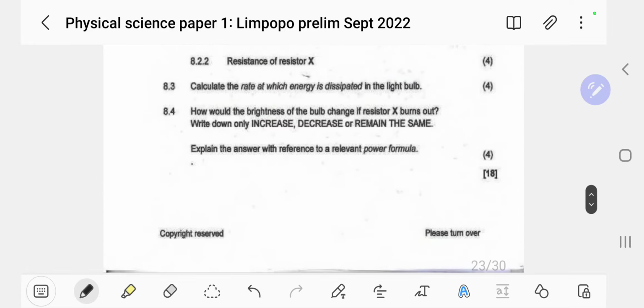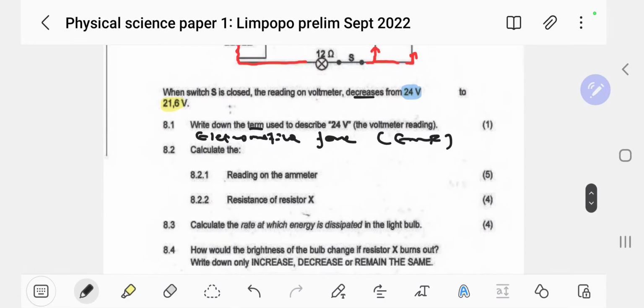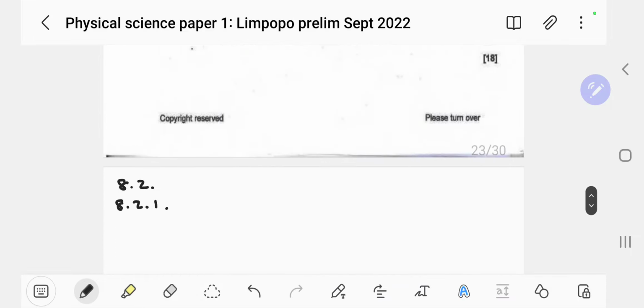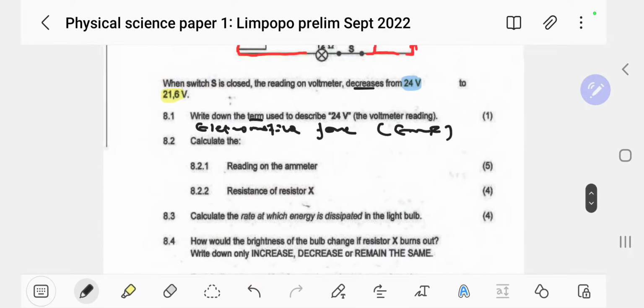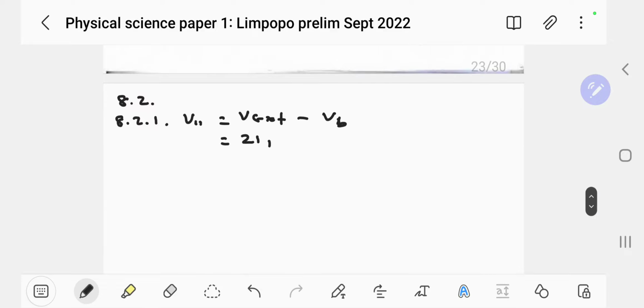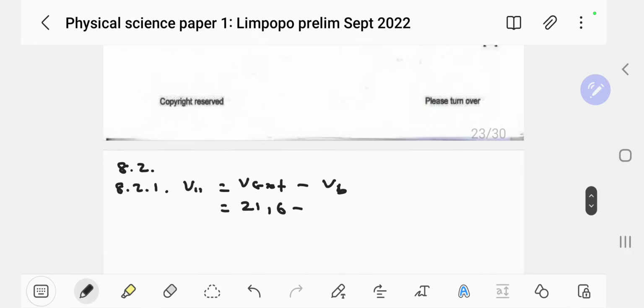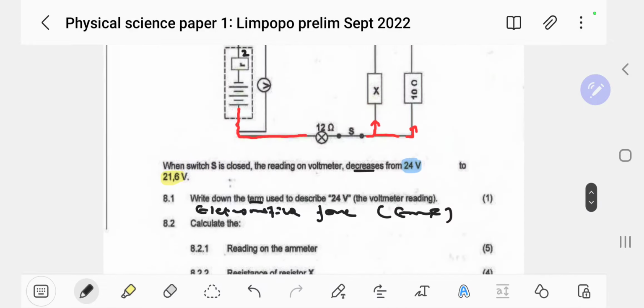So how we're going to answer 8.2.1, we can say here the V parallel is going to be equal to the V external minus the V across the 12 ohm bulb. Maybe let's just say V_B to suggest the bulb. This is going to be 21,6 minus, now what is this one?